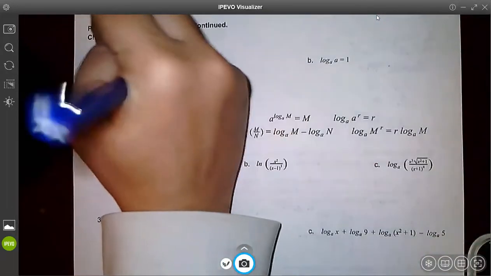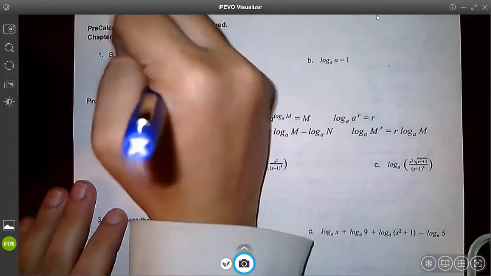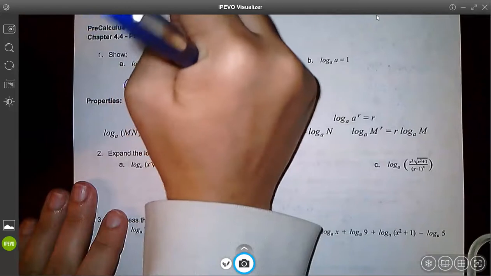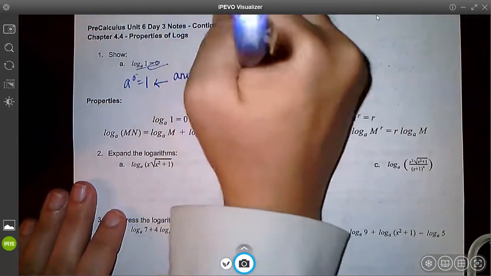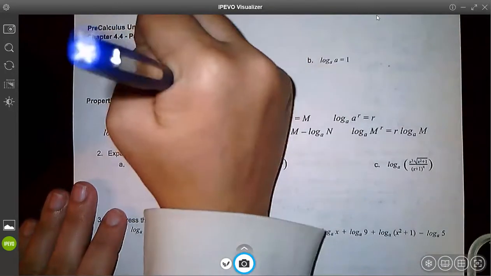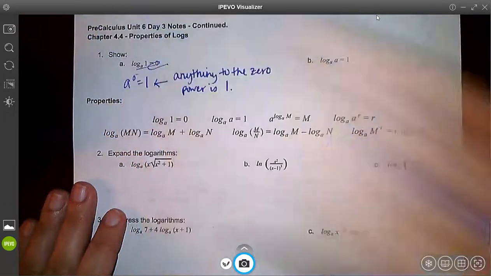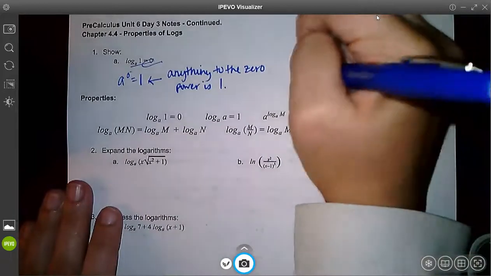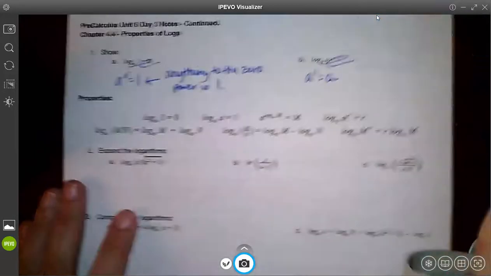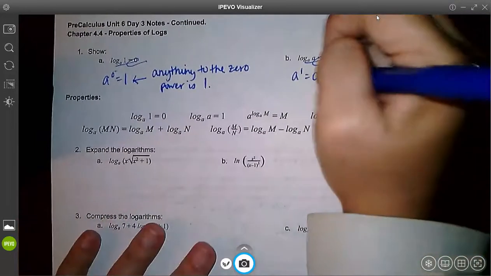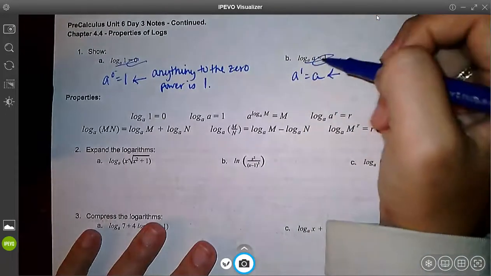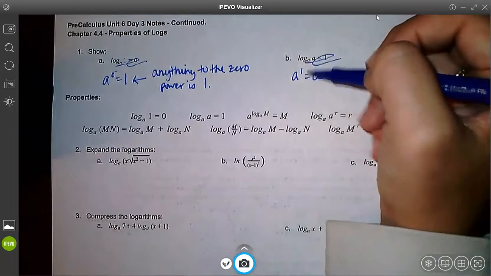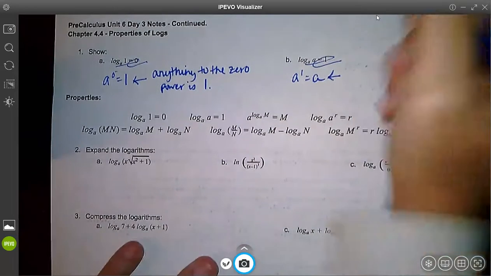A to the 0 equals 1, and that follows our exponential property that anything to the 0 power is 1. Here, we'll look at it the same way. A to the 1 equals A, and that is anything to the first power is itself. So it doesn't matter what A is, as long as the base and what you're taking the log of are both A, then the answer is 1.